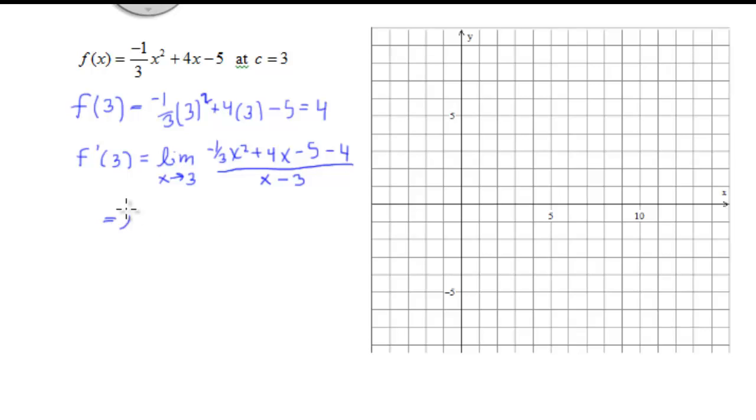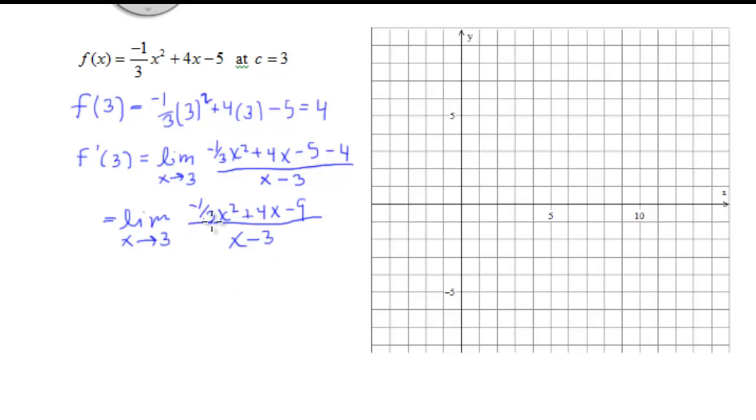And then we need to divide all that by x minus c, which is x minus 3. So then this becomes the limit as x approaches 3 of negative 1/3 x squared plus 4x minus 9 over x minus 3.